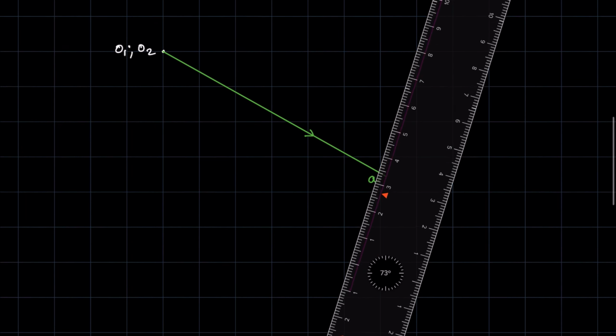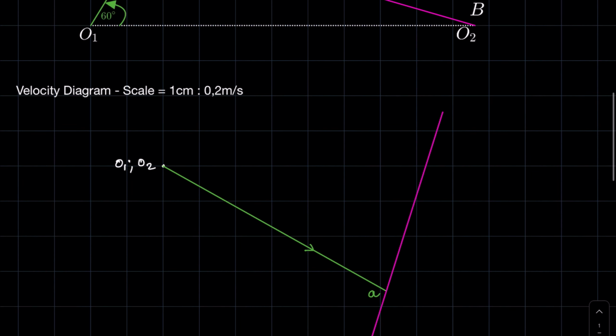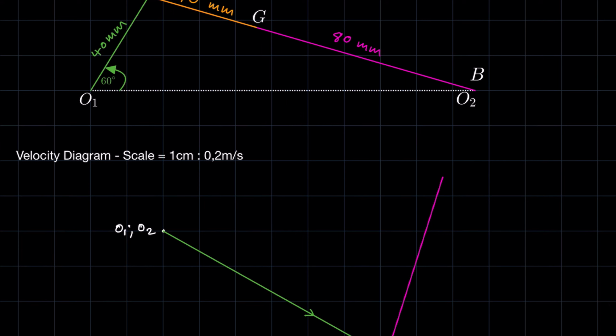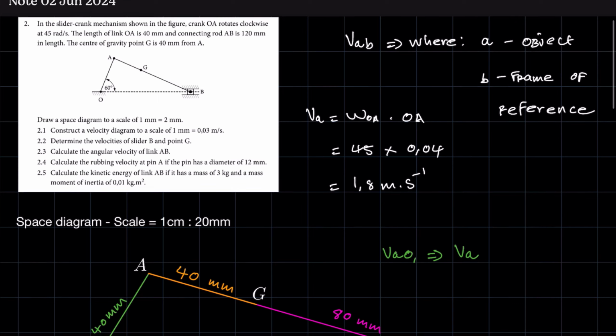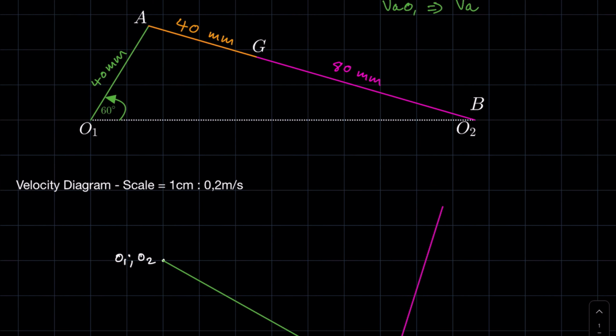Or you can look at the fact that, remember here you have VPA, which is the tangential velocity of this link, and then you also have the velocity of the slider. So at point P, you essentially have two velocities. You have VPA, which is the tangential velocity of link AB, and then you also have the velocity of the slider.